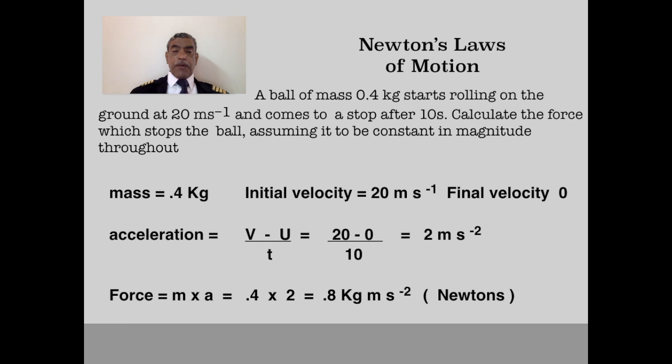Mass is 0.4 kilos and initial velocity is 20 meters per second. Final velocity is 0. Therefore, acceleration is the change in velocity, we learned, right? 20 minus 0, and it has stopped over a period of 10 seconds. So 20 minus 0 upon 10, that is, it has decelerated at the rate of 2 meters per second square. So the force is mass into acceleration, that is 0.4 into 2.